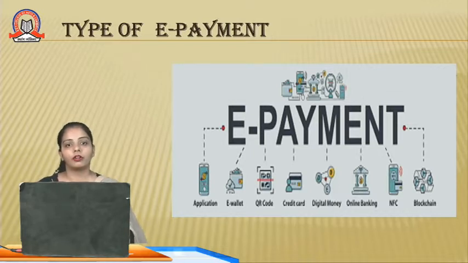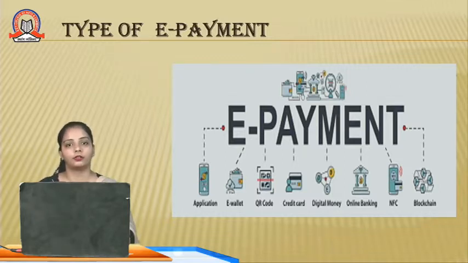If you want to return some product, for that you will get a money option in the e-wallet or in the bank. So if you select the e-wallet, it will transfer the amount into your application. In the application, that e-wallet payment you can use after you buy or sell the product.